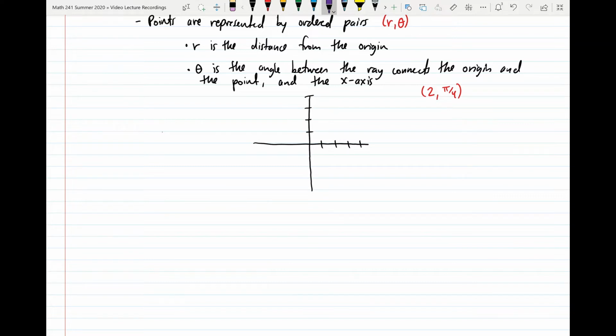So think about yourself standing at the origin, and then you rotate pi over 4 radians counterclockwise. Now you're facing this direction up here. And then the 2 in our ordered pair tells us how far we're going to walk from the origin. So after I'm facing the correct direction, I'm now going to walk out 2 units, which should put me right about here. So the point that we'd be talking about is right here on the plane.